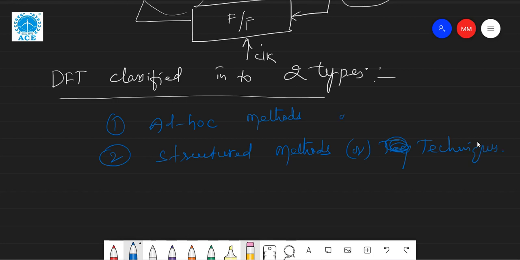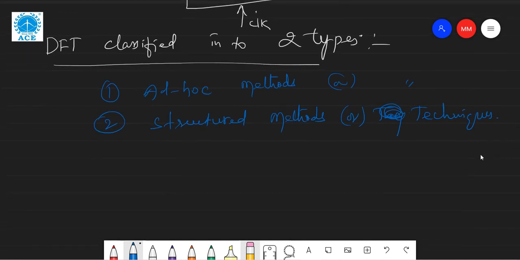Okay, so both of these are also techniques, right? These two are testing methodologies we have in design for testability. In structured techniques, basically we have many. One is BIST, which is nothing but built-in self-test.